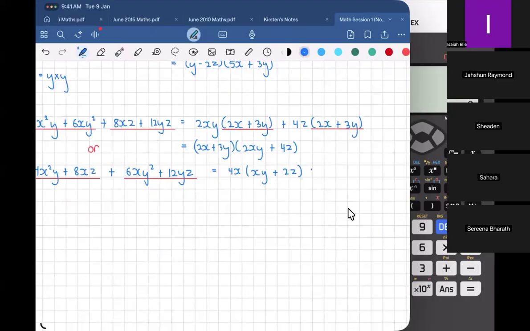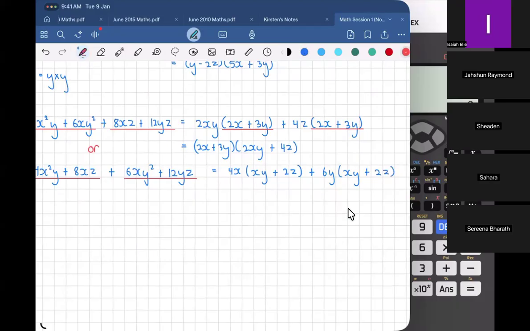Let's continue. Then we have plus, what's common between 6 and 12? Obviously, 6. Between xy squared and yz, that will be y. So to get back 6xy squared, I'm going to write back x and y. Then I'm going to put plus 2 to get back the z. I put 2z.